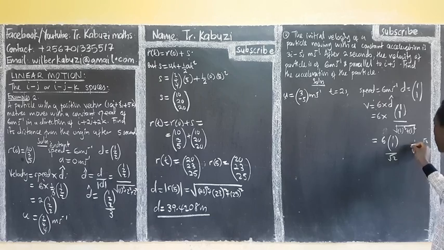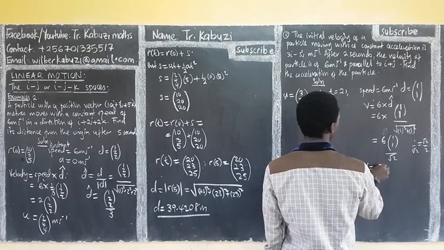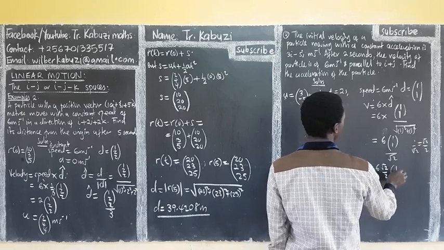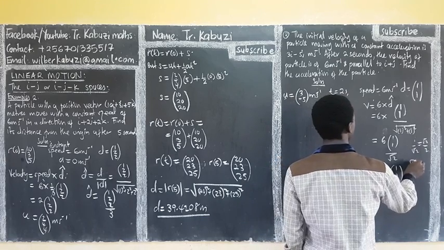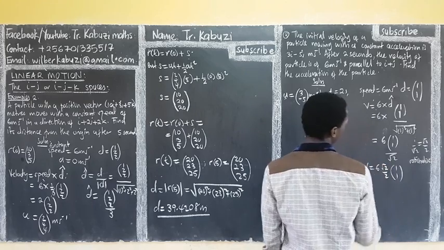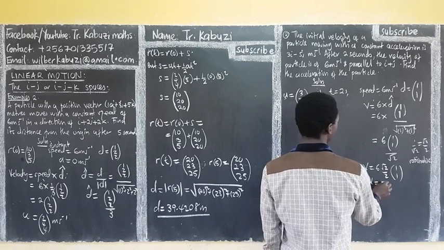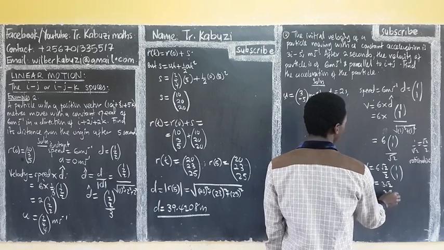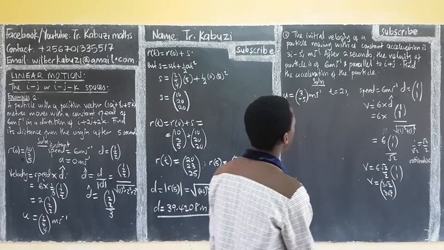So if I apply it here, my v is going to be 6 root 2 over 2 times (1, 1). If I rationalize and simplify this, my v is going to be 3 root 2, 3 root 2, if I multiply this and open brackets there.